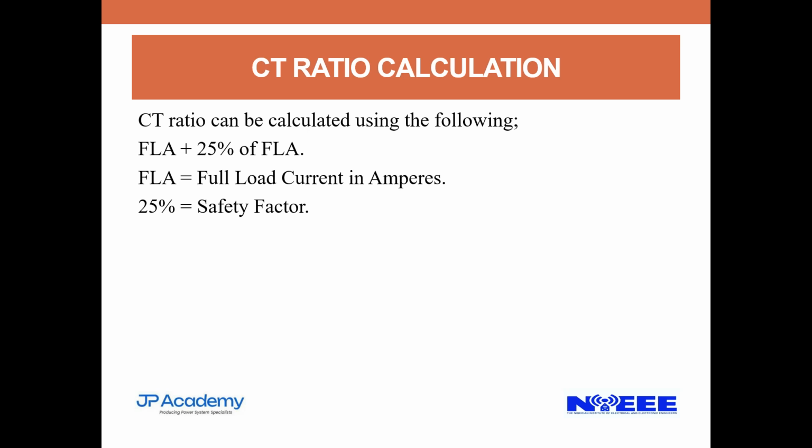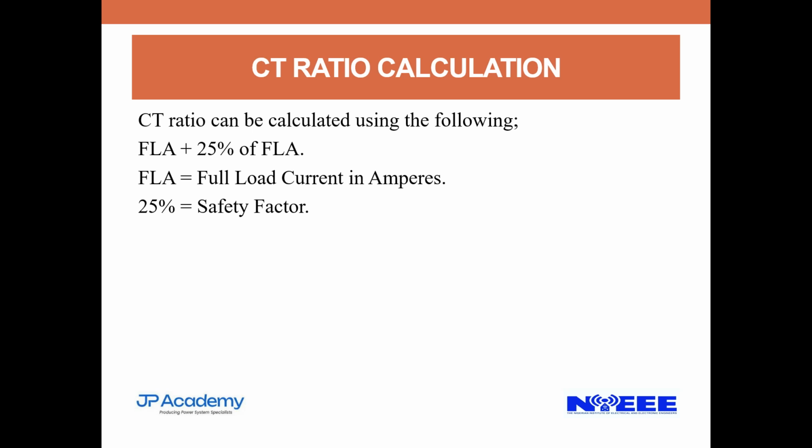We just need to get 25% of the nominal current, that's the full load current in amperes. Since we have identified it is 200 amps, 25% of 200 amps is 50 amps. All we need to do is add that to the nominal current. So our CT ratio will be 250 is to 1. Now we can have CT ratios of 1 and 5.